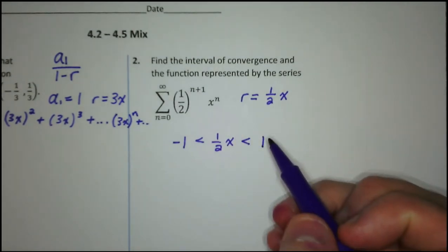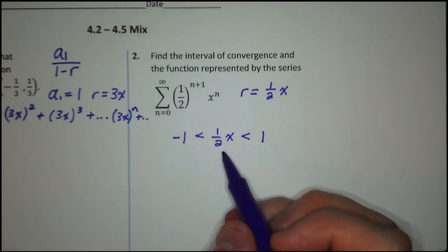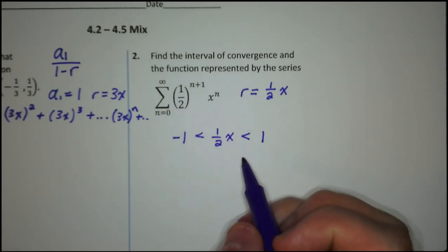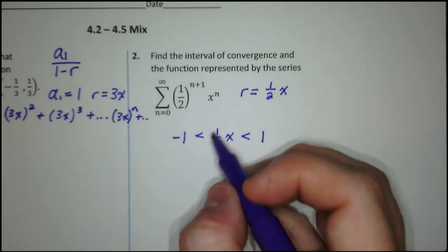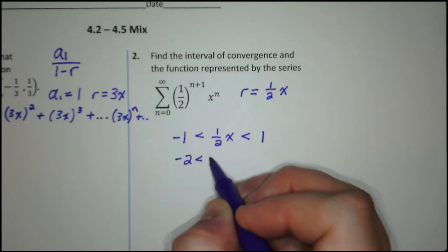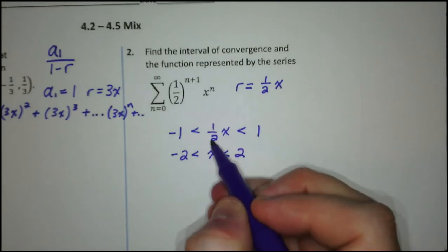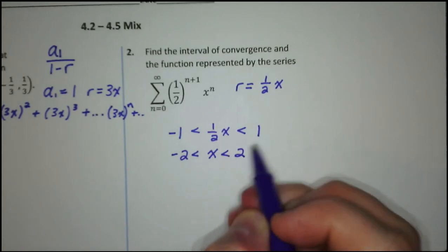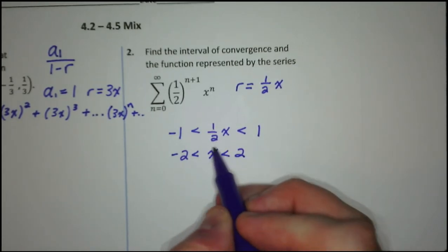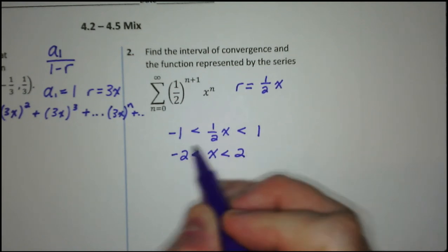Well, a geometric series converges as long as your common ratio is in between -1 and 1. And so when we finish solving this for x, multiplying everything by 2 to solve for x, here is our interval of convergence.